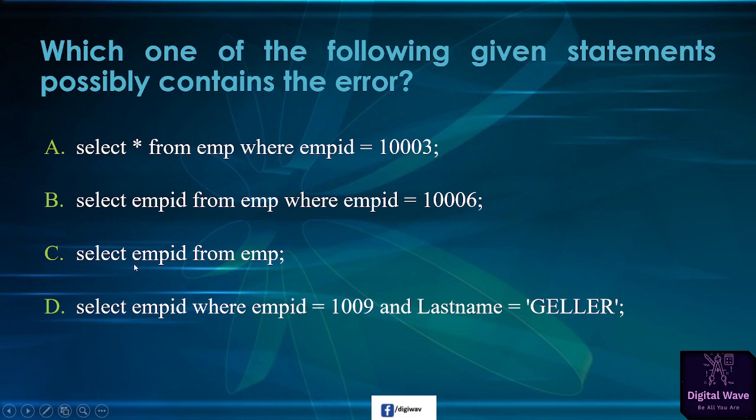Third option is select employee ID from employee, and the last option is select employee ID, where employee ID equal to 1009 and last name equal to Galar. So the right option is D. The query given in option D does not contain the from clause, which specifies the relation from which the values have to be selected or fetched. That is why the right answer will be D.